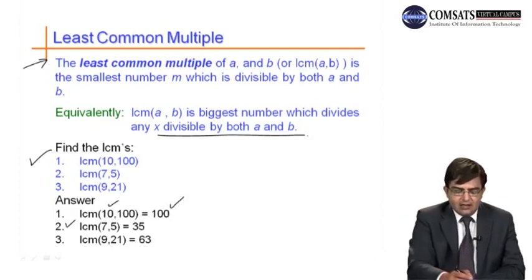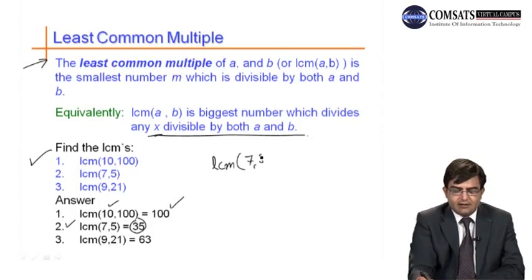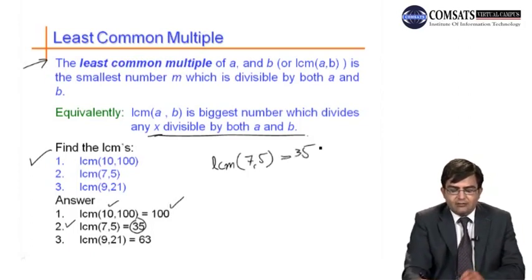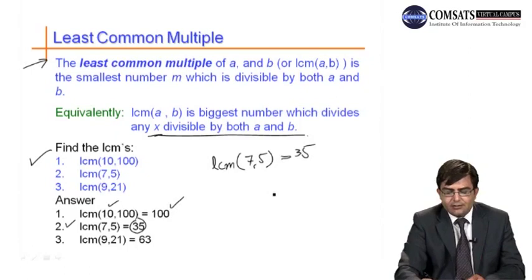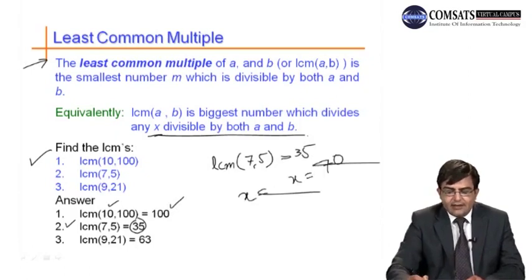35. This is basically the biggest number which divides any x. The LCM of 7 and 5 is 35. Now if we have some other number x, for example 70, then this 35 also divides 70.